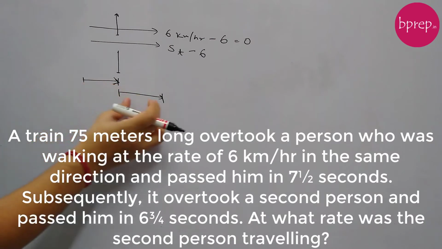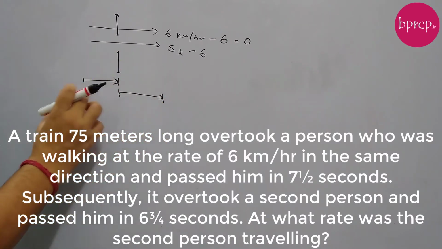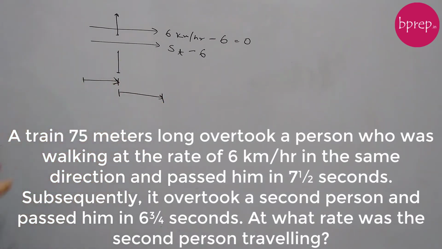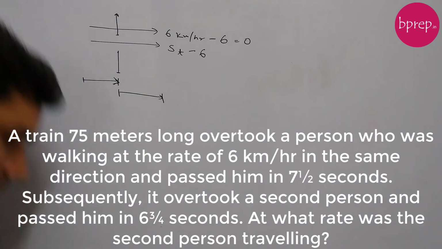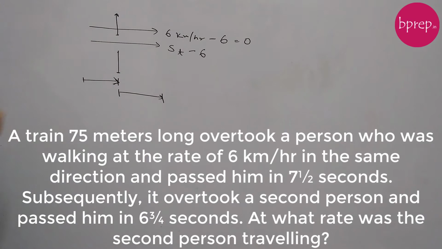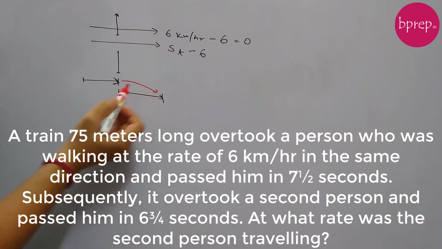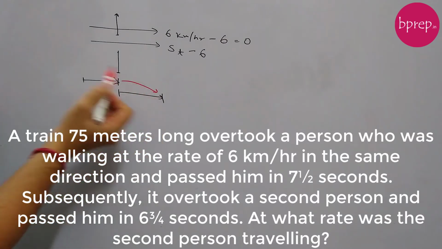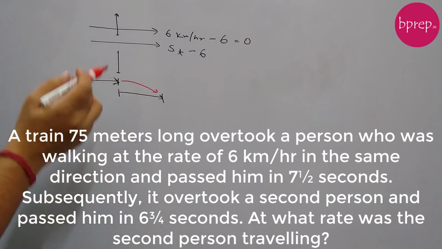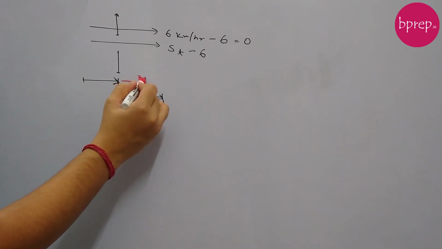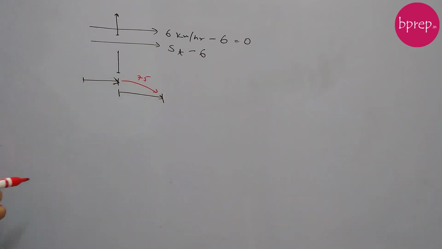So if the train has moved from this position to this position, then we say the train has completely crossed the person. The distance covered by the train is the same as the length of the train. The train's head has shifted from here to here, and this distance is 75 meters.